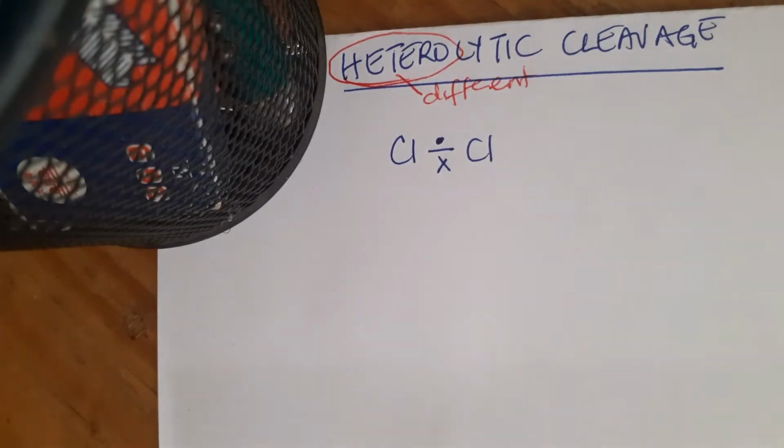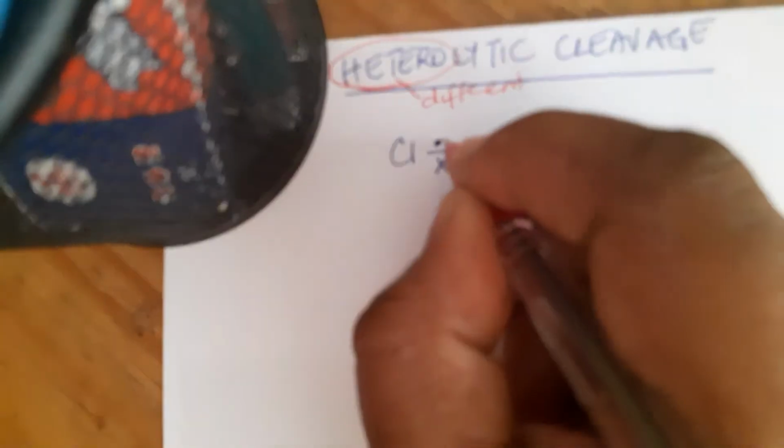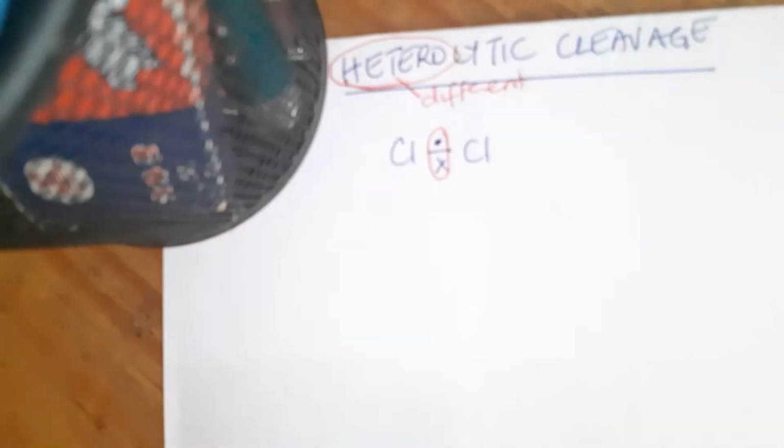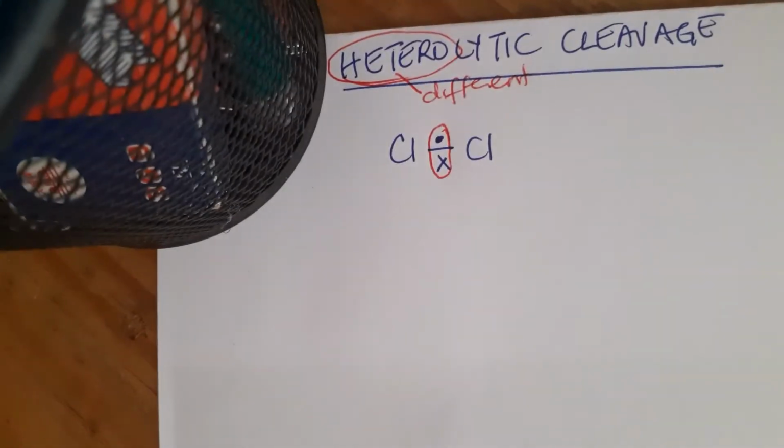But what about heterolytic cleavage? The term hetero means different, so what is happening to each chlorine atom is going to be different. What hetero refers to is that your electron pair, or your 2 electrons, will be moving together.